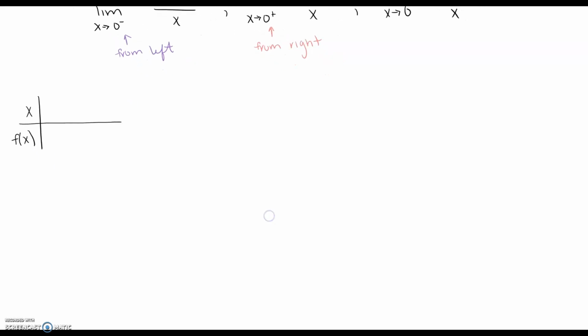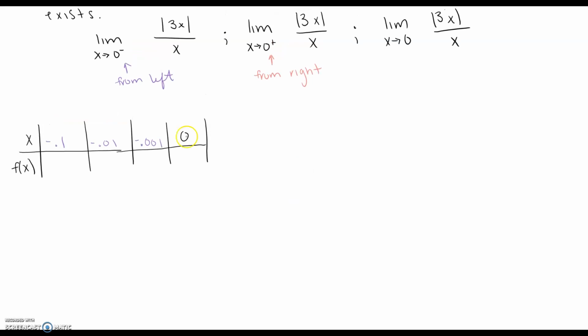So we're going to have 0, and then we need to choose 3 to the left, so that would be -0.001, -0.01, and -0.1.